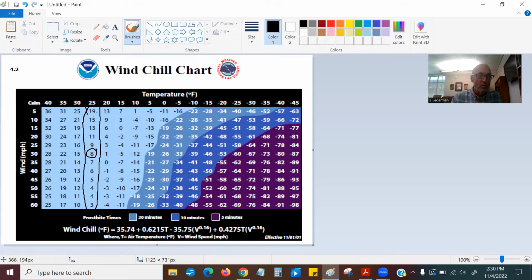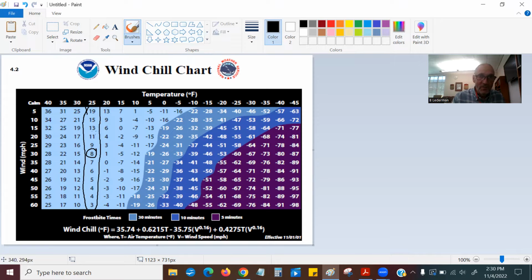Okay, so if we go down this column, it's 25 degrees and it's calm, meaning there's no wind. It's going to feel like 25 degrees. If it's 25 degrees and there's a 5 mile per hour wind, it's going to feel like 19 degrees. If there's a 10 mile per hour wind, it's going to feel like 15 degrees.